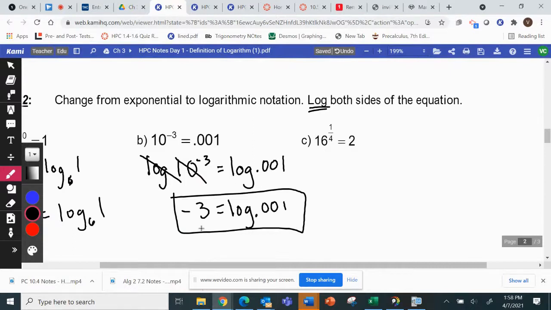So last one, what base, Philip? What base for C? Should I log? I should do log of what base? 2's not a base on a power. 16. So we need to use the base that actually has a power.